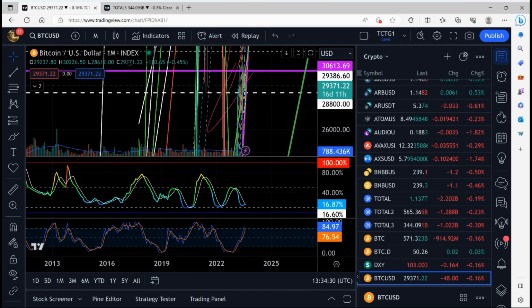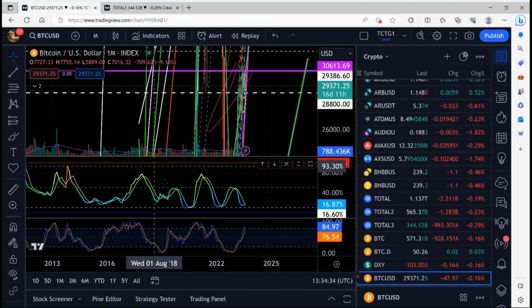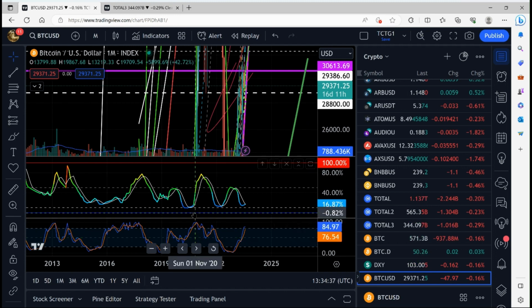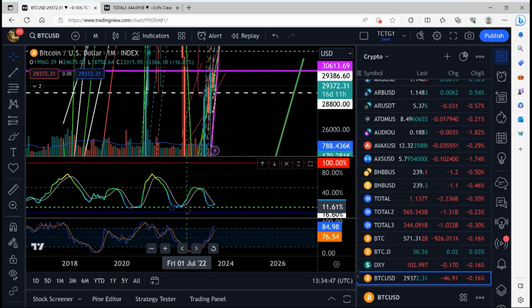16.87%, and it rarely gets down to extreme low levels. It looks like it only has one time, where it just touched just below 10%.